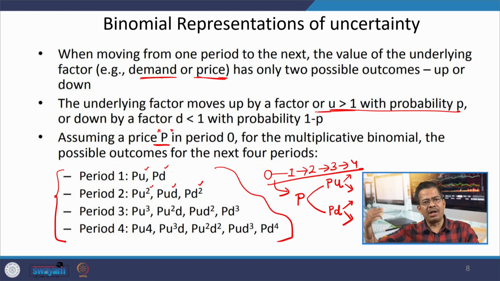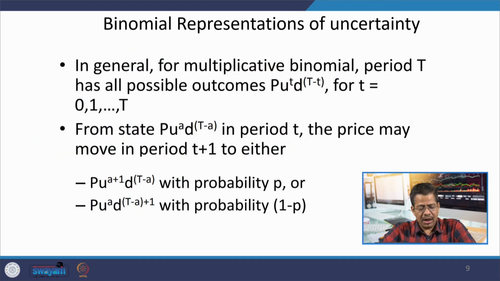As we have more periods, your tree will be bigger and bigger, and in this way we can always create a more generalized way of writing this. The type of u and d which we are discussing are multiplicative.